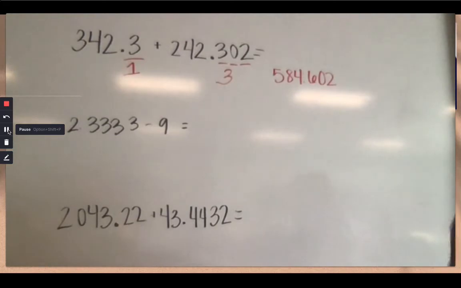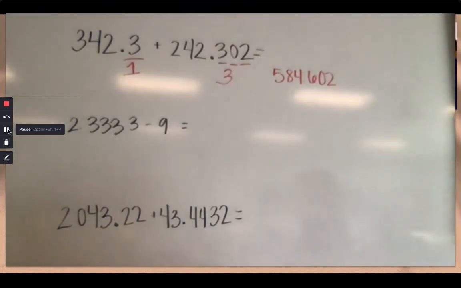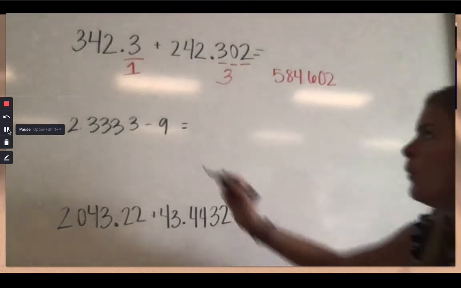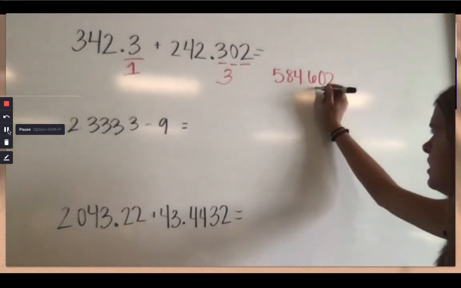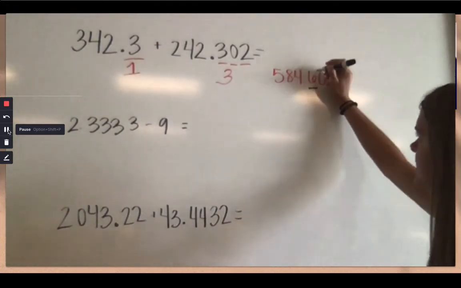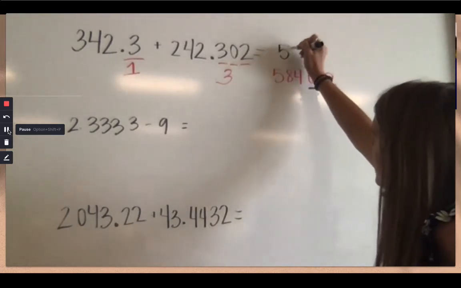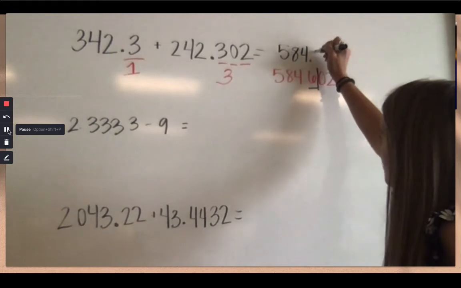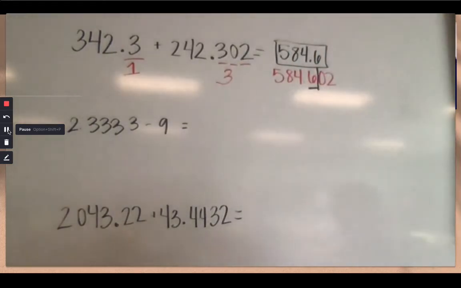If we're following the rules for adding and subtracting problems, we notice we're adding here, so we need to use the least number of decimals in our answer. We only have 1 decimal in this first number, so we can only have 1 decimal in our answer. So 6 is the only decimal we can have. So our answer is going to be 584.6. That is the correct number of sig figs for that question.